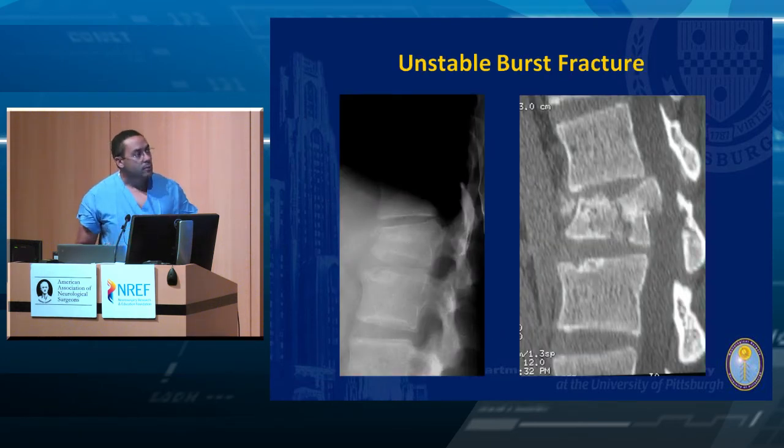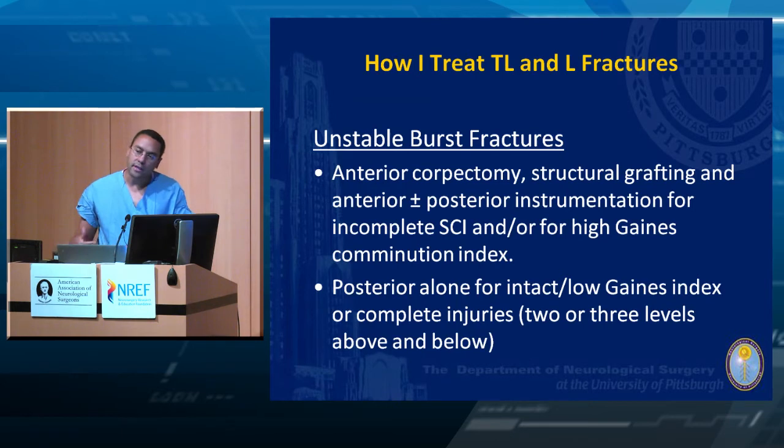What about unstable burst fractures? And so what I do is, and this is really below T6, because above T6 it's hard to factor in an anterior approach. You're just less likely to do an anterior approach above T6.